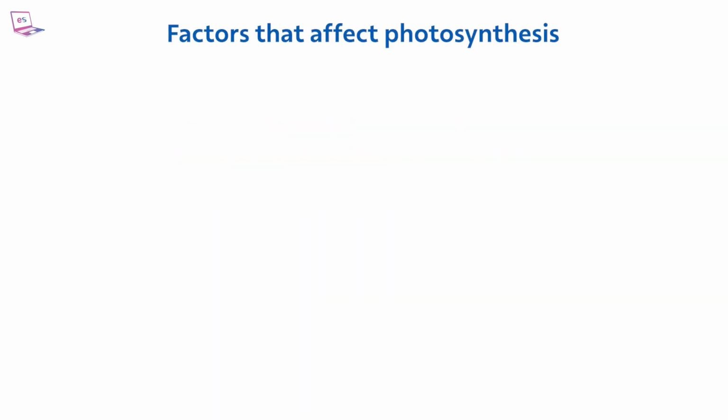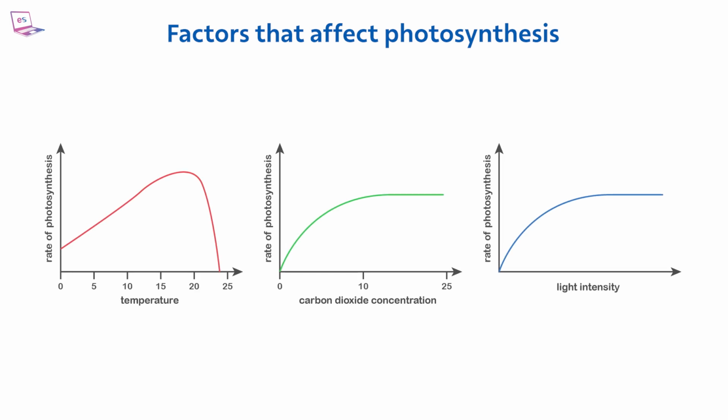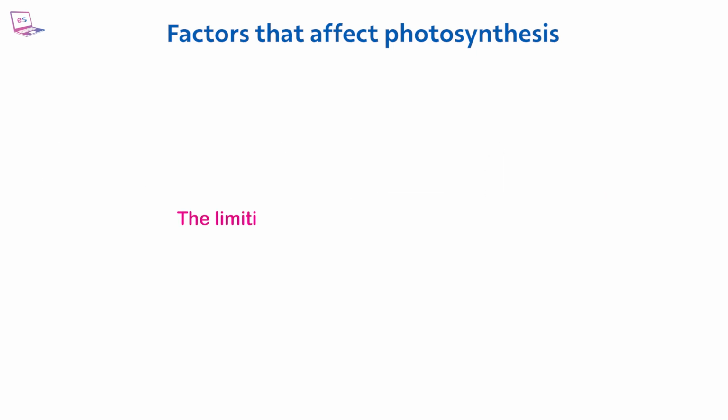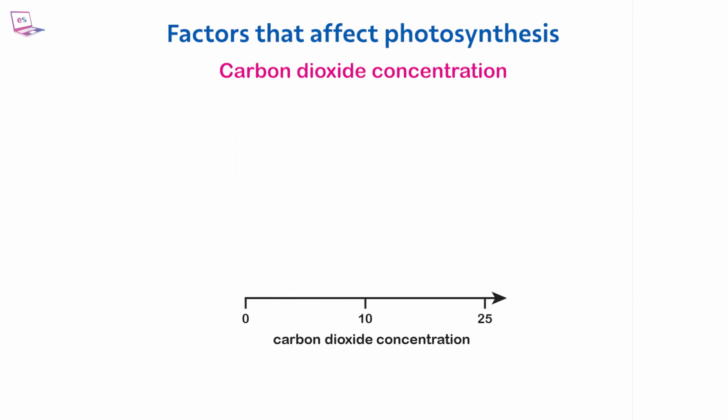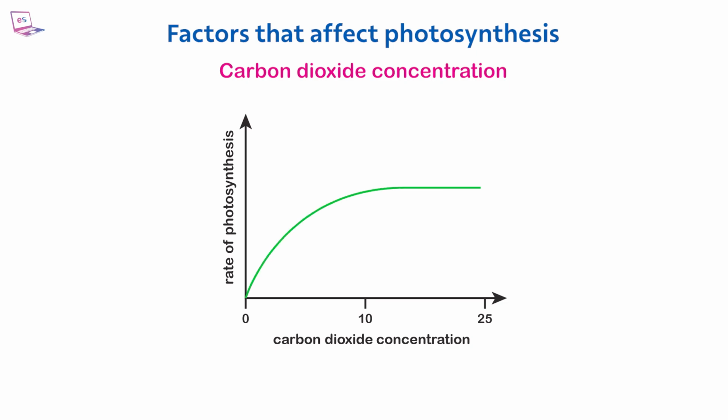Factors that affect photosynthesis. A limiting factor is a substance that is in short supply and limits the reaction rate. The limiting factors for photosynthesis are carbon dioxide concentration. Carbon dioxide is one of the reactants in photosynthesis. If the concentration of carbon dioxide is increased, the photosynthesis rate will also increase.